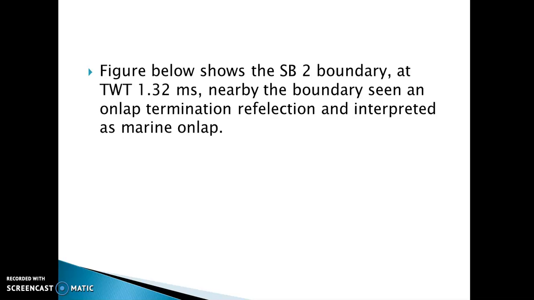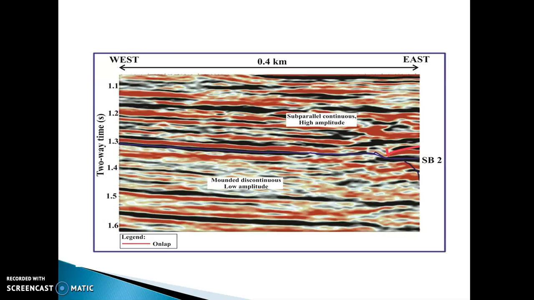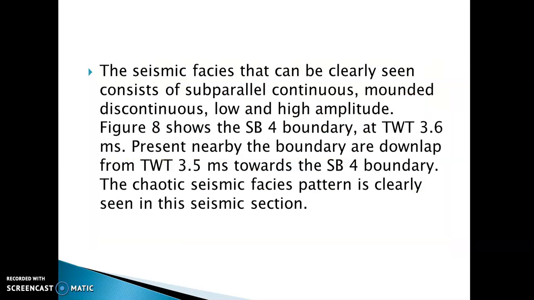The figure shows sequence boundary 2 at two-way time 1.32 seconds. Nearby, the boundary is seen with onlap reflection termination and is interpreted as marine onlap. This figure shows sequence boundary 2. The seismic facies that can be clearly seen consist of subparallel continuous, mounded discontinuous, and low and high amplitude.